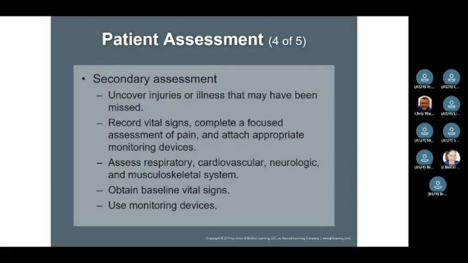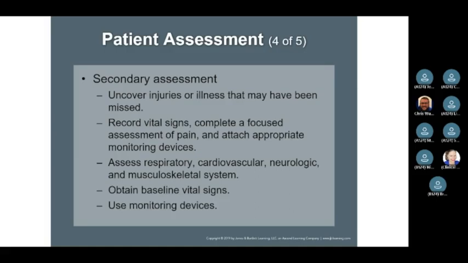Your secondary assessment. A detailed, comprehensive examination of the patient to uncover injuries or illness that may have been missed during the primary survey. Record vital signs, complete a focused assessment on pain, and attach appropriate monitoring devices.